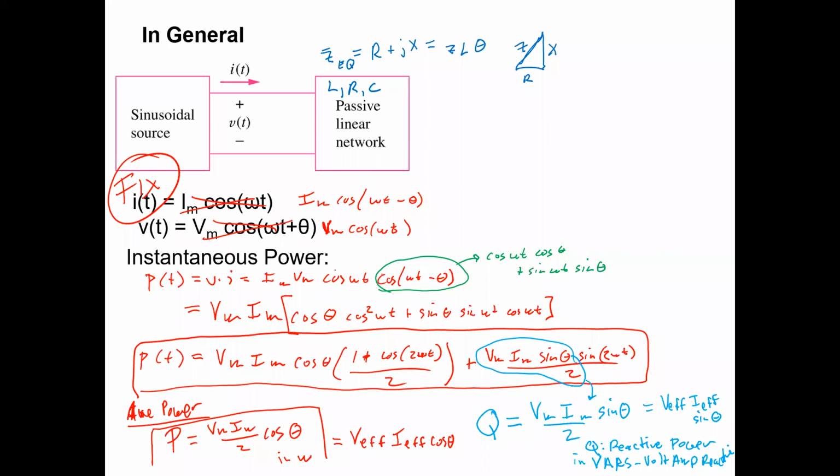we can express this in terms of another triangle, which is the power triangle. So really, we're looking at this really messy thing here, which has all these terms in it. And we're pulling out the capital P term, which is called the average power, right?